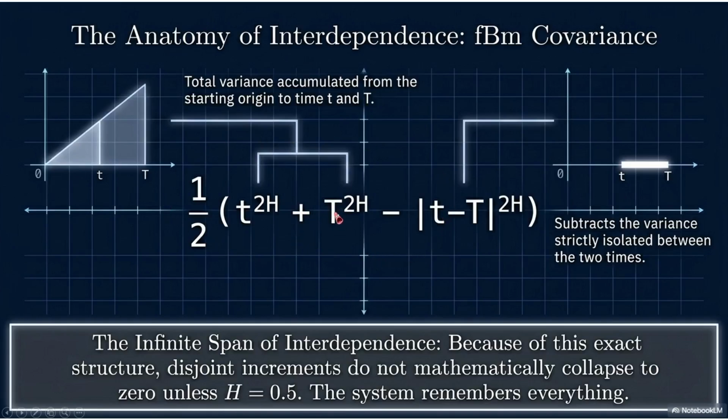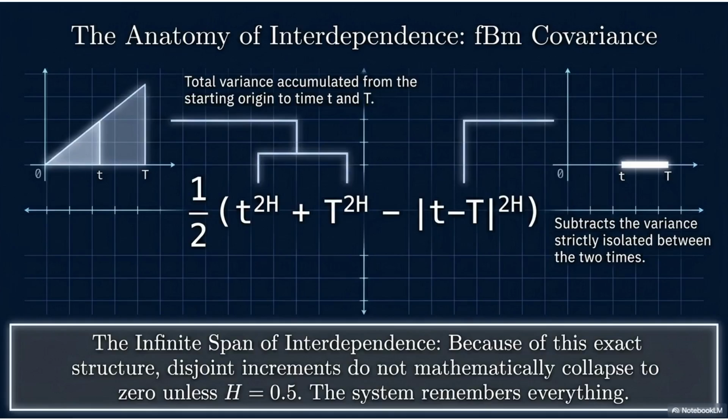This t to the power of 2H, and this also T to the power of 2H, they represent the total variance accumulated from the starting origin up to time t and time big T. Then we subtract the term on the right, which is the variance strictly isolated between those two specific times.